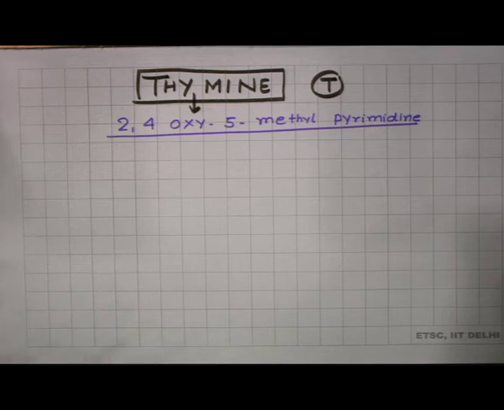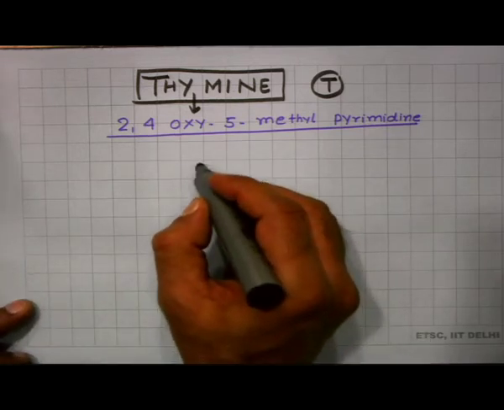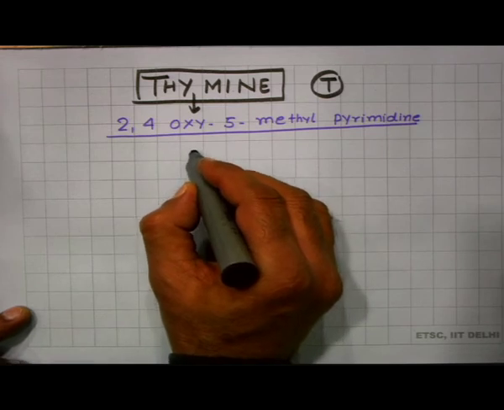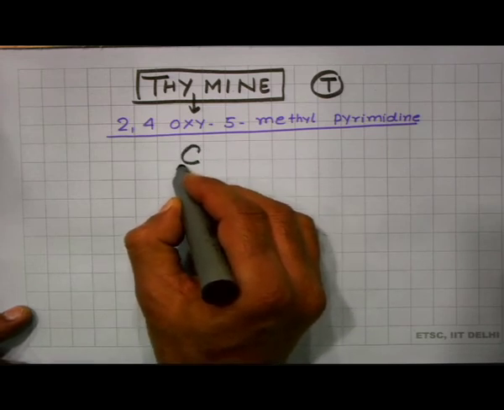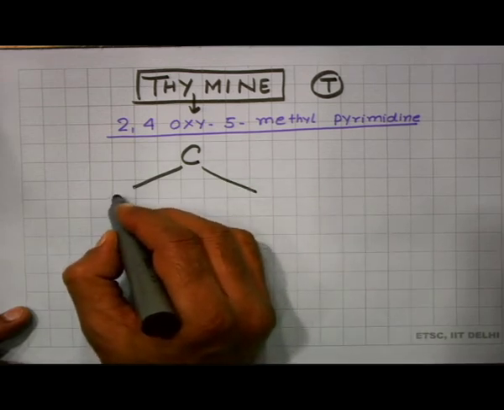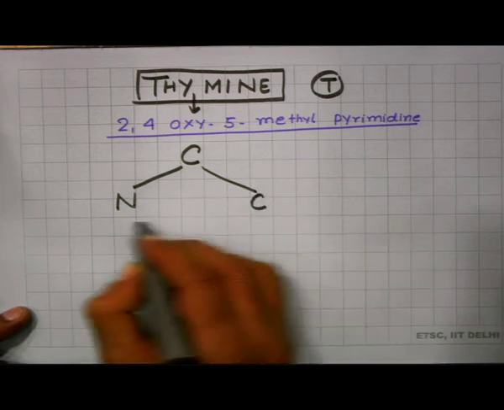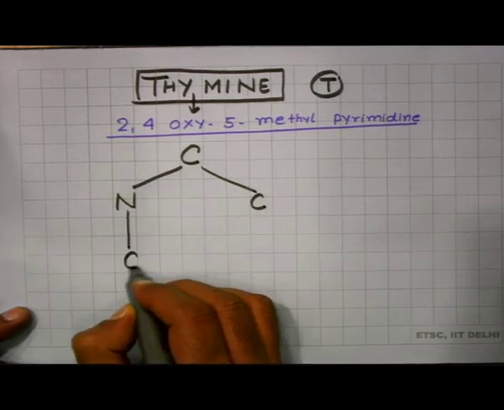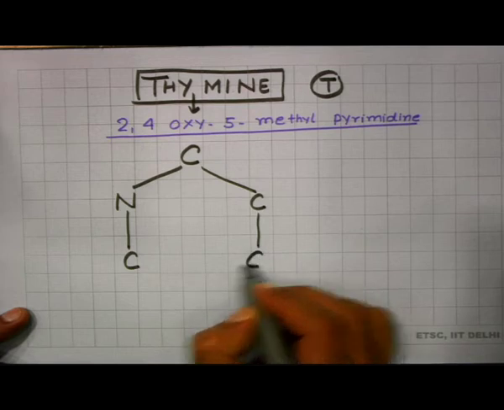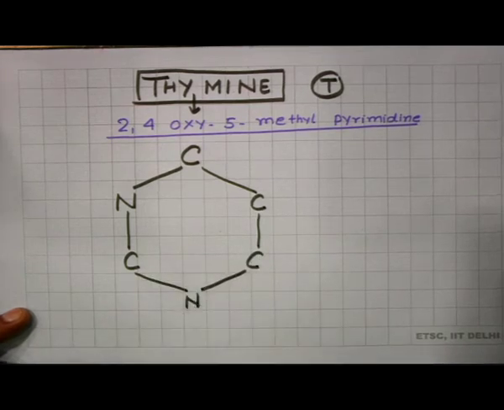So, you can write the skeleton of pyrimidine, that is a 6-atom ring structure, and C, here carbon is here, and these 2 carbons are attached with the nitrogen.